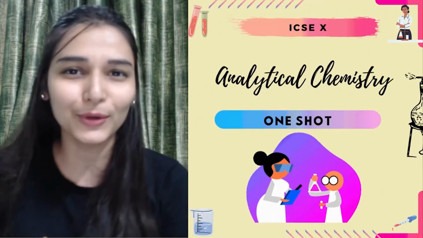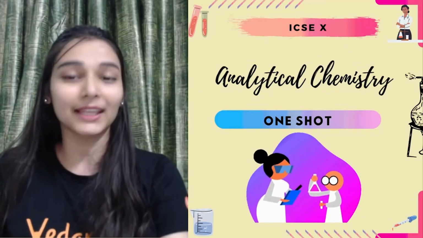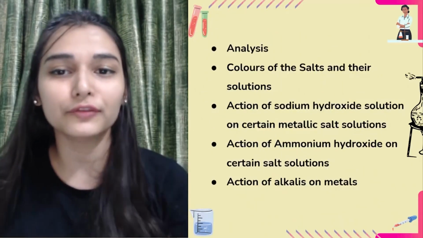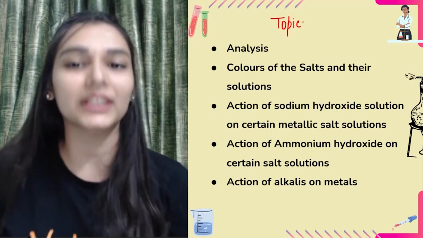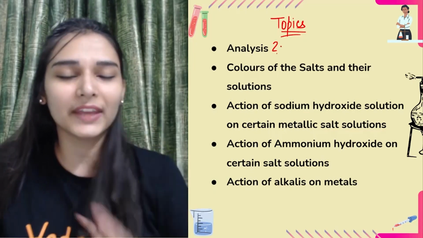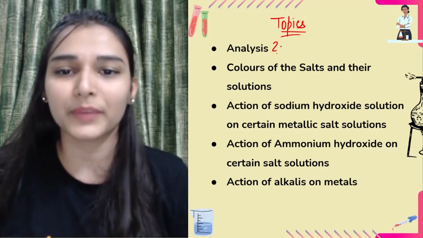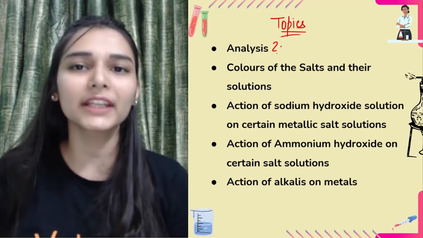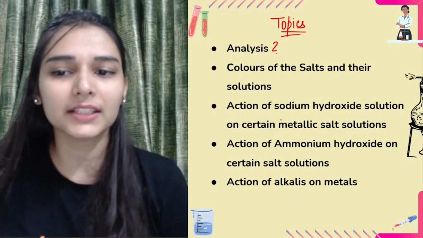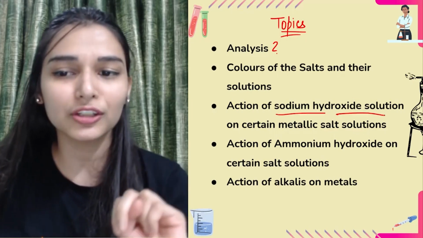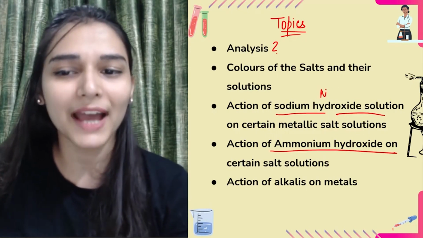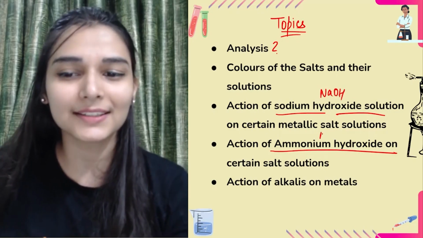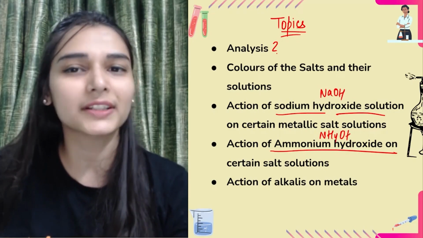Let's begin. Analytical chemistry in just one shot. First of all, we need to see the topics that we are going to cover in this video. Basically, analysis. When I say analysis, what is the exact meaning of it? Now in your syllabus, you have to discuss only 2 bases: action of sodium hydroxide solution and action of ammonium hydroxide on certain metal salt solutions.